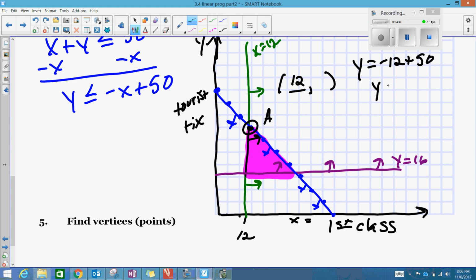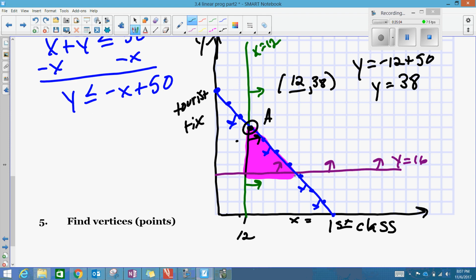So Y has to equal 38. So let's see if that makes sense here. 5, 10, 15, 20, 25, 30. Yeah, so that could easily be 38.